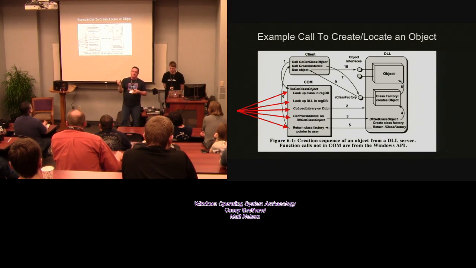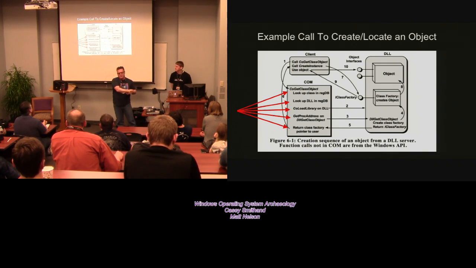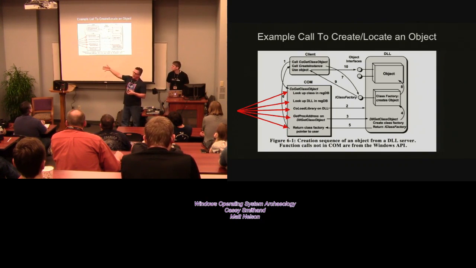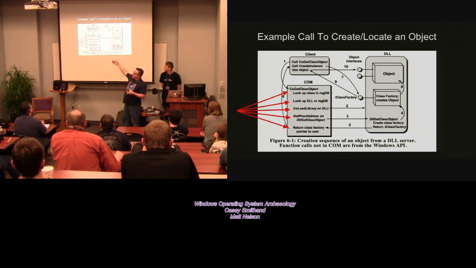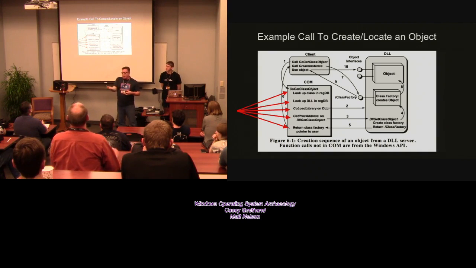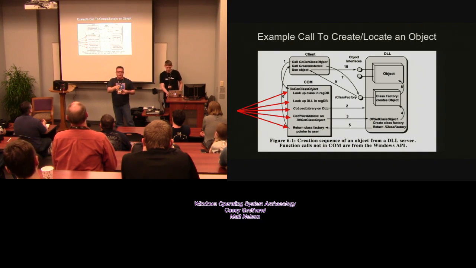Look in the registry, find out which DLL contains this COM object, load that object into memory, and pass back a reference to that object to the client that called the COM component. So looking up in the registry is an important artifact for a defender to see: if they created this object, where is it in the registry? Because you often have to persist that definition in the file or the registry system.